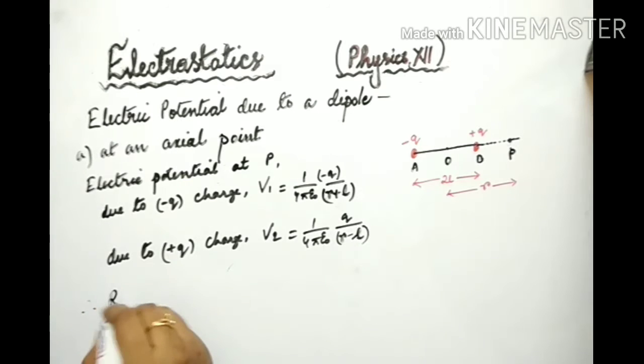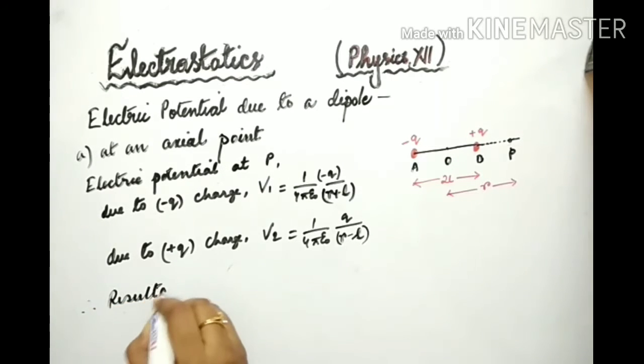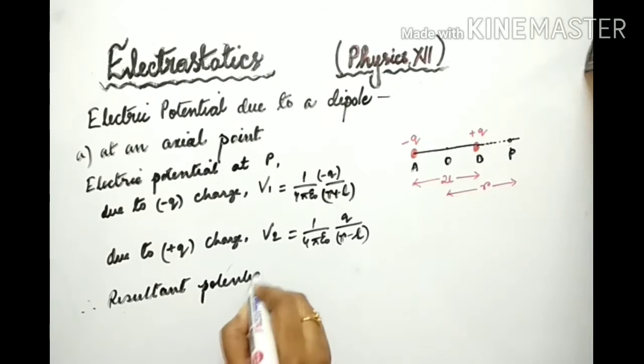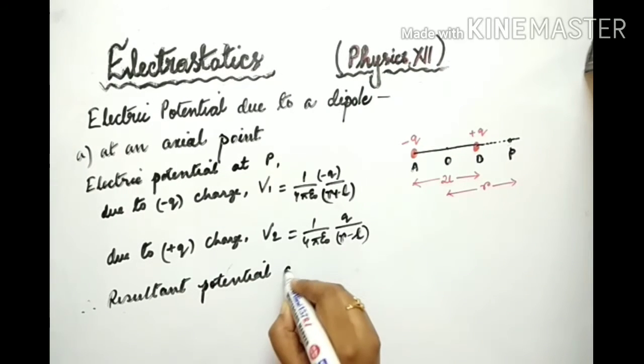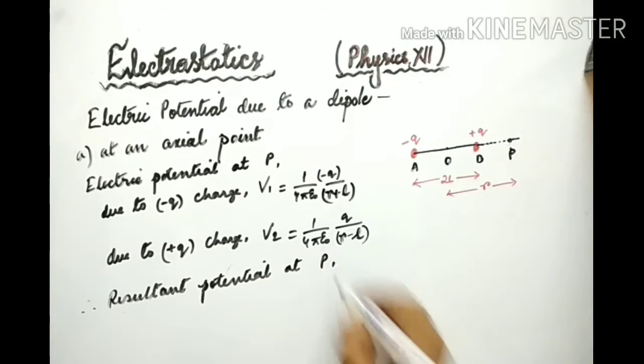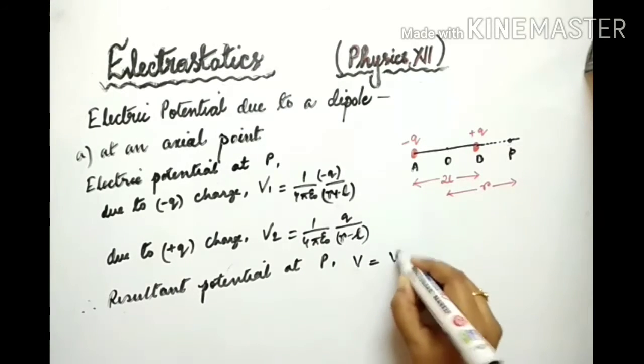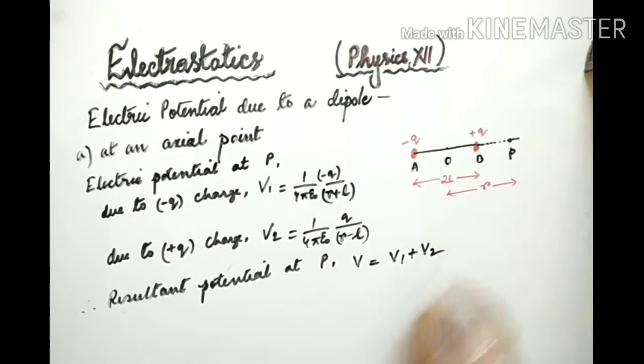So the resultant potential at P will be given by V equals V1 plus V2. We have to add all the potentials at a particular point.